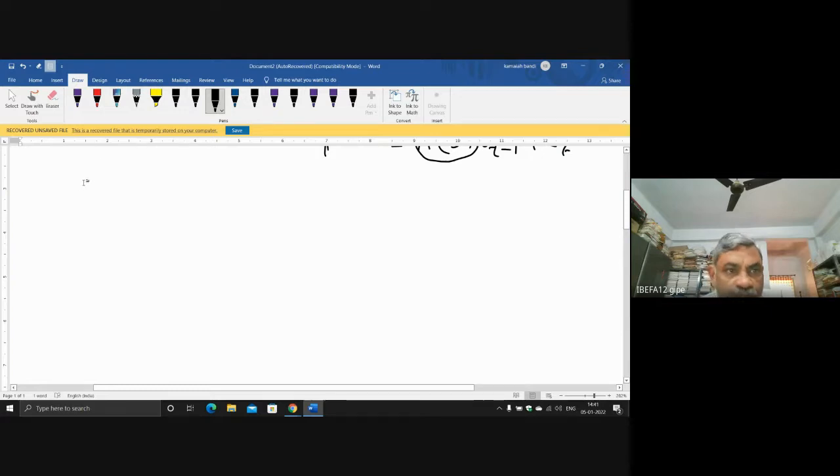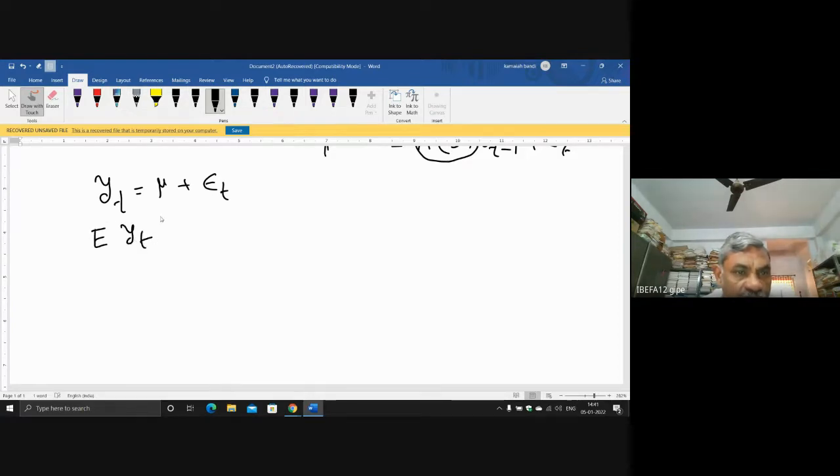Now, y_t equals mu plus epsilon_t, right? If you take expectations, the expectation of y_t conditional upon all the available information up to time t minus 1, which you may write as y_{t-1}, y_{t-2}, etc., this is the conditional expectation.